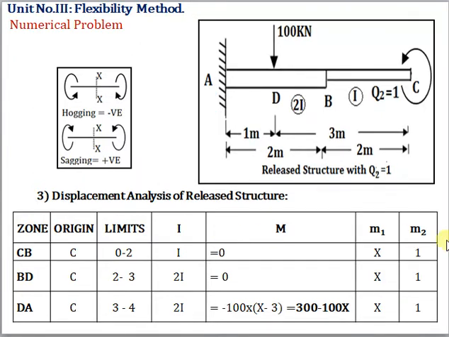Then we also saw M2, the released structure with Q2 equal to 1, and again considering the same zones, we calculated the moment due to that redundant force Q2 equal to 1.